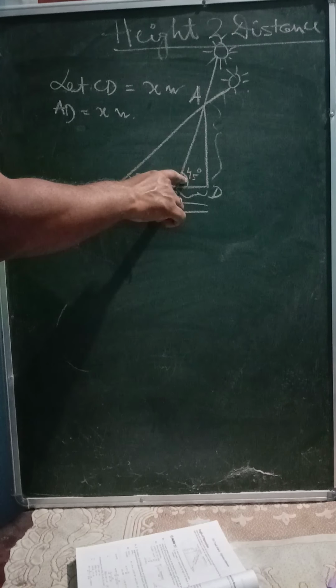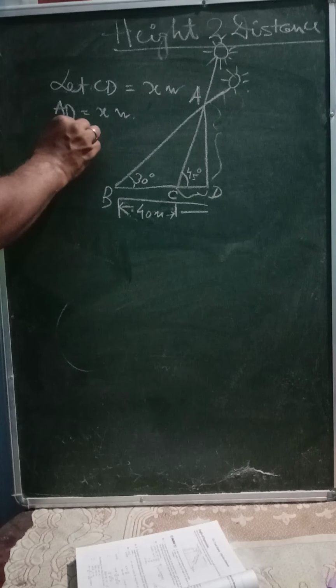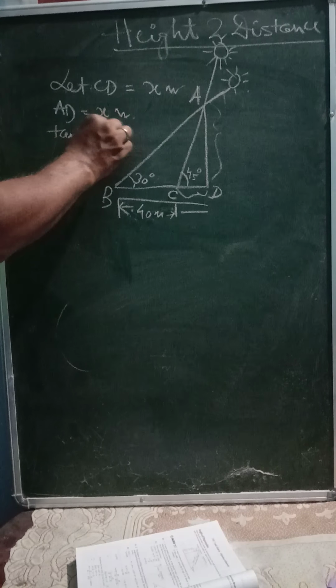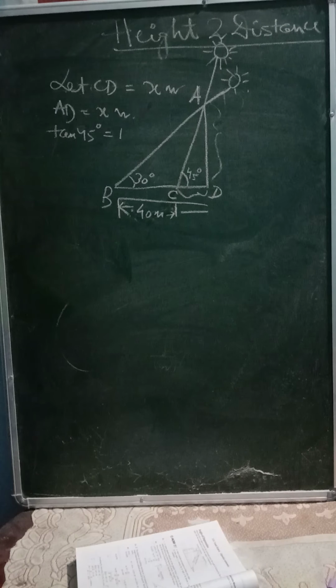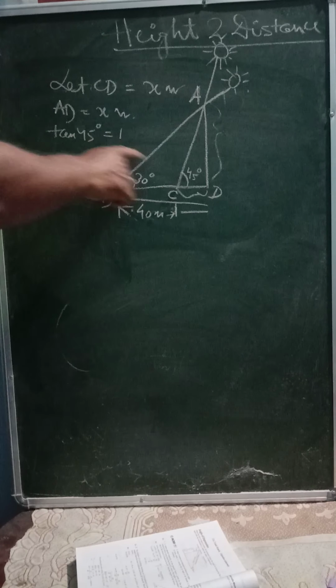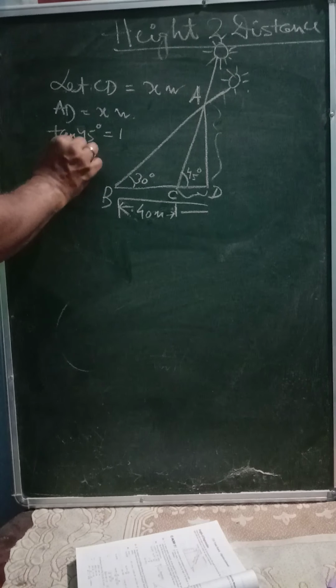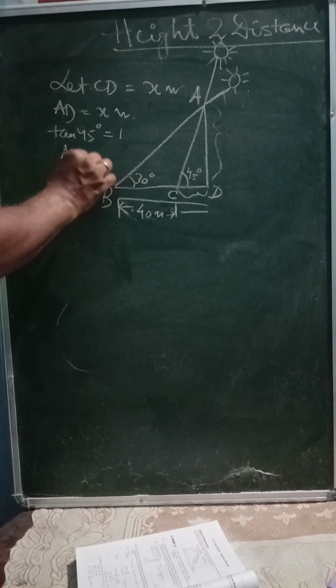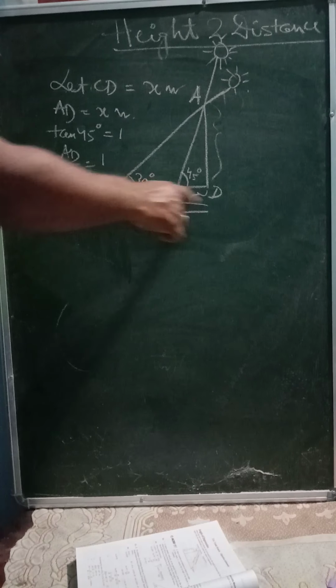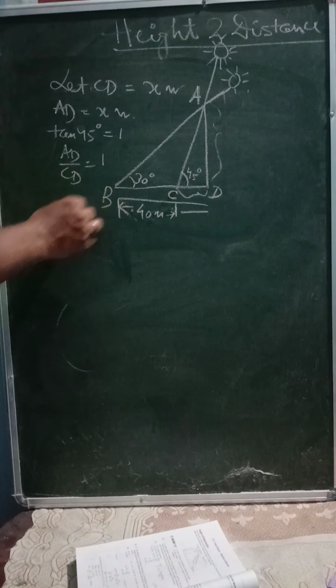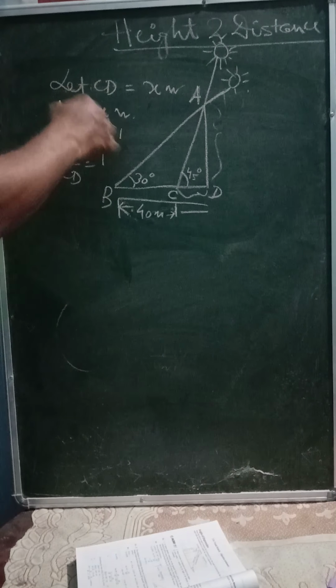Because tan 45 means 1. So AD by CD is equal to 1. As CD is x, AD is also x.